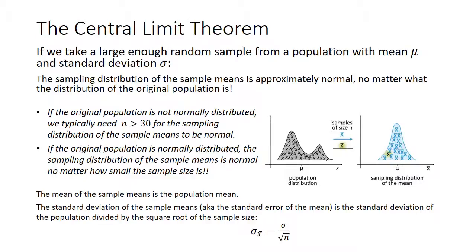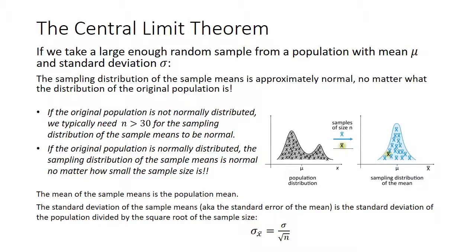The mean of the sample means is the population mean. What that tells us is that our samples will mostly have a mean that is very close to the true population mean. The standard deviation of the sample means, also called the standard error of the mean, is not the same as the standard deviation of the population.